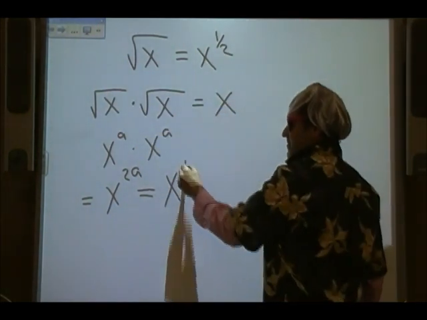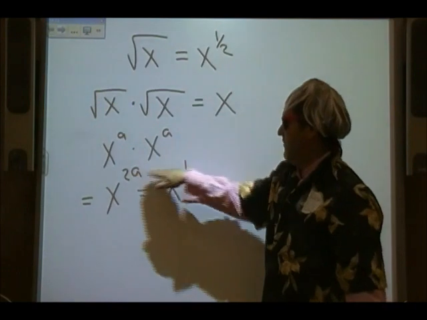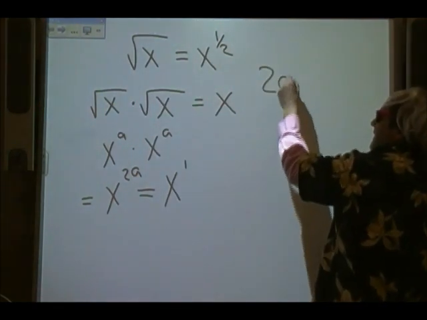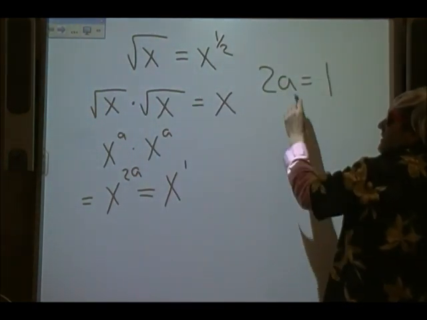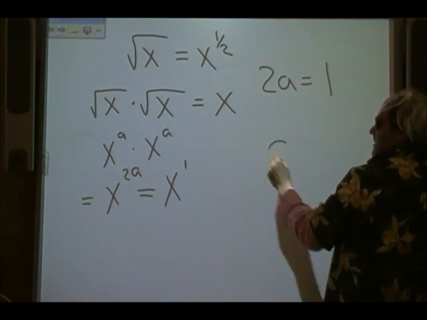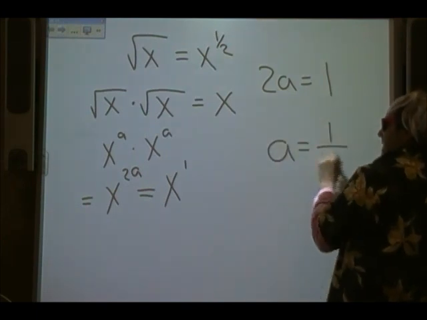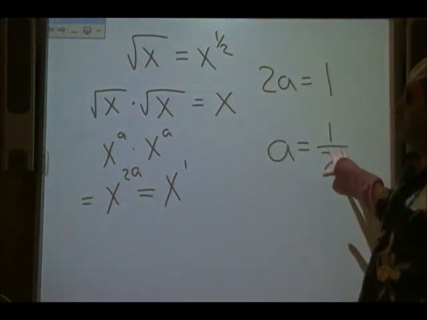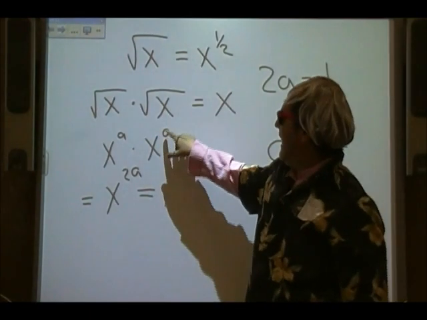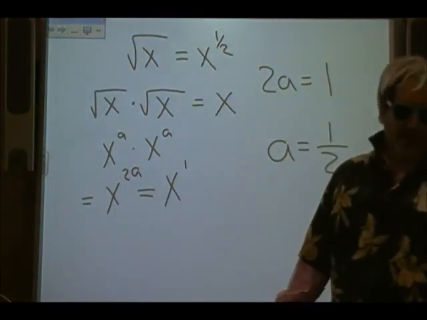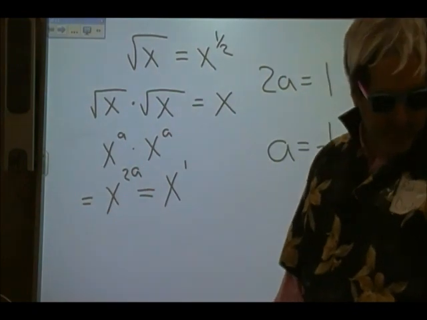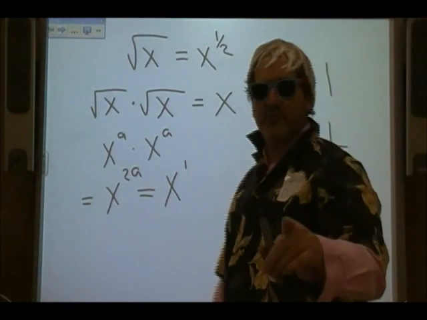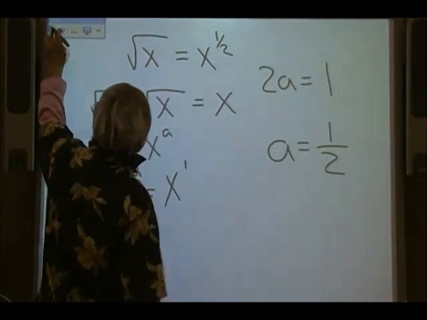And this is to the first power. So therefore, 2a equals 1. Divide both sides by 2, and you get a is a half. Therefore, the square root of x is x to the a half. See? That's that.